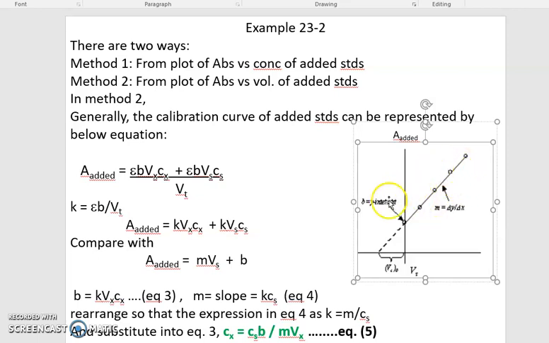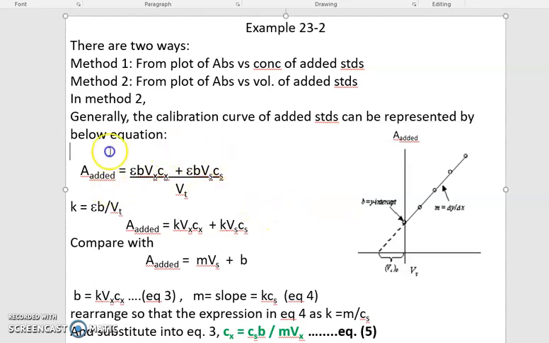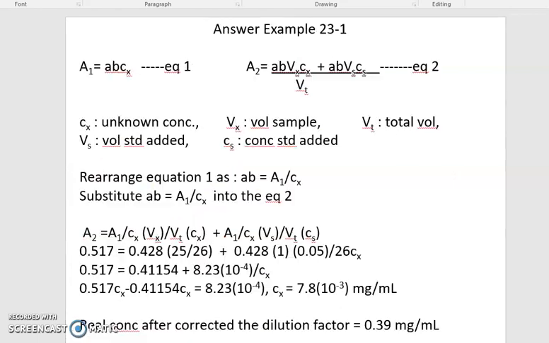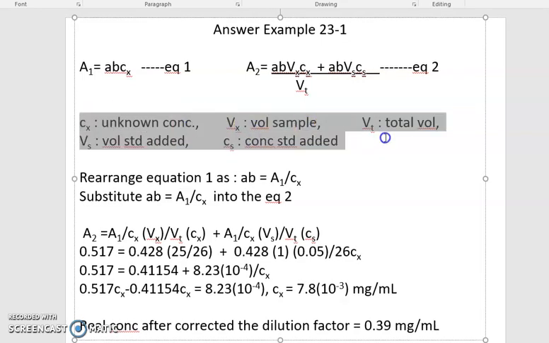These data points of standards can be represented by this equation, where all the symbols in this equation carry the same meaning as the ones that we have covered before in the previous video.